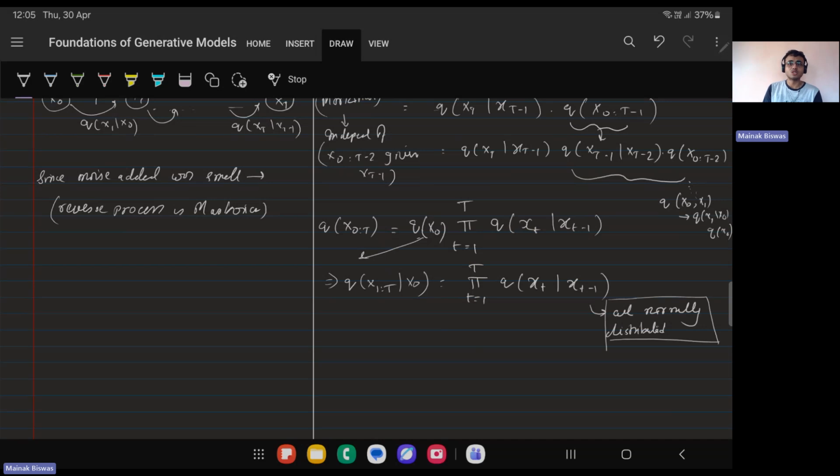The reverse process I've assumed to be normally distributed, that is, p theta of x0 given x1, all the way to xT, since the reverse process is Markovian. So given a future state, the previous state depends only on the future state, because the future state was a small timestep ahead of the previous state. So you could just reverse it.